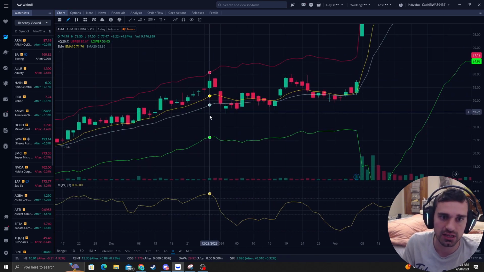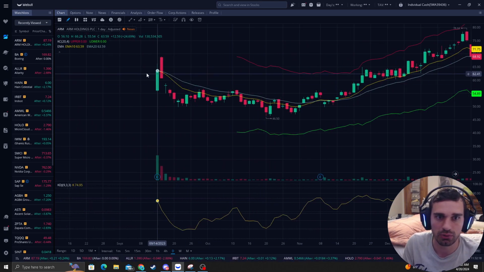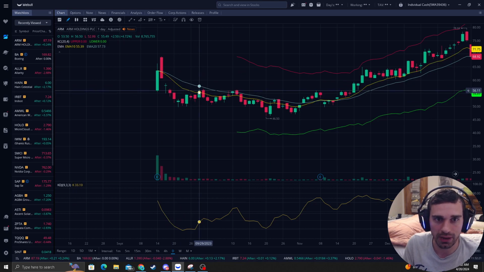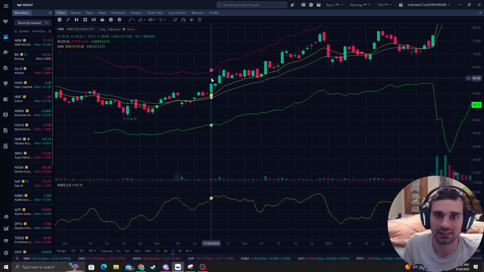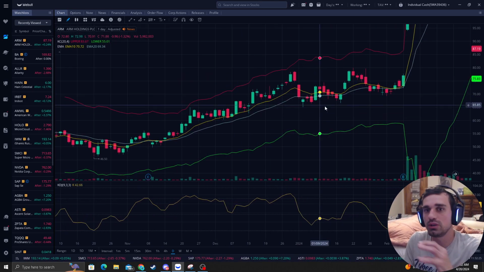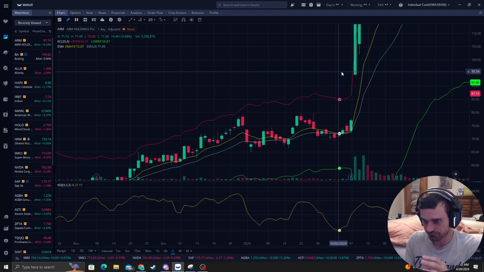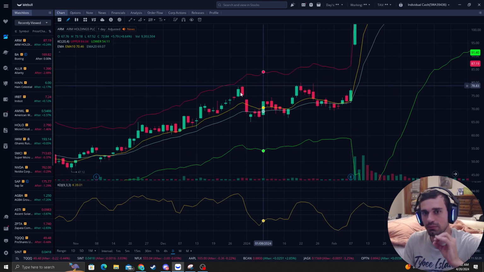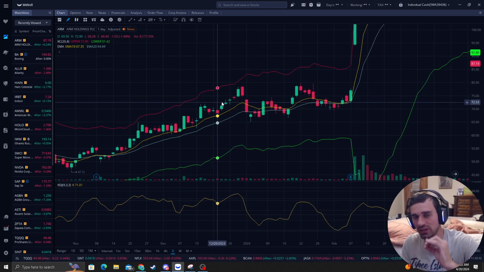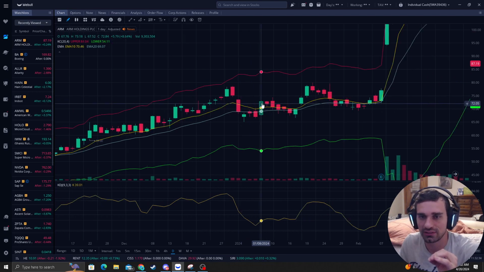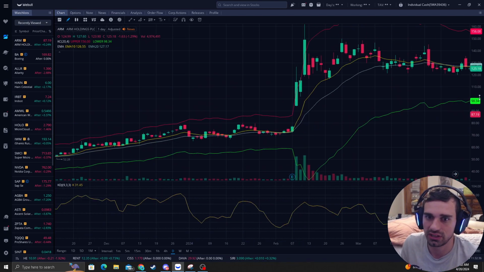I guarantee it. As you can see, when price goes below, it goes back and hits it. It's like magnetized to it, right? But we want to make sure we had the greatest distance, that when it goes to the upper band, there's massive distance to the downside. And that's what we're seeing right here.